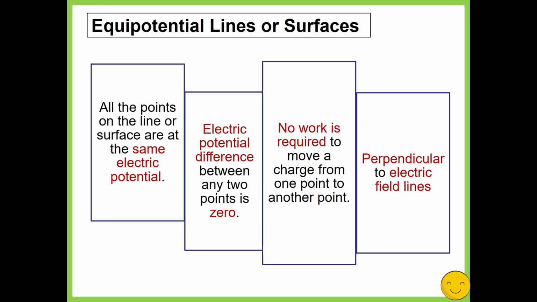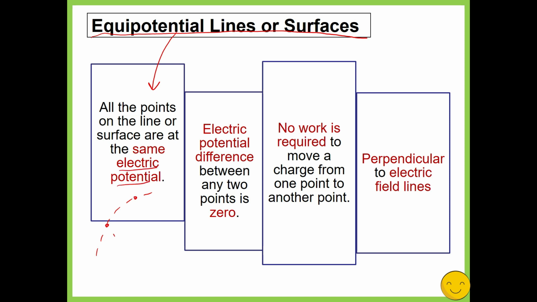The other concept for electric potential is equipotential lines or surfaces. For this term, we have its definition. It means that in one line of equipotential, which is always drawn as a dotted line, all points on this line have the same electric potential.